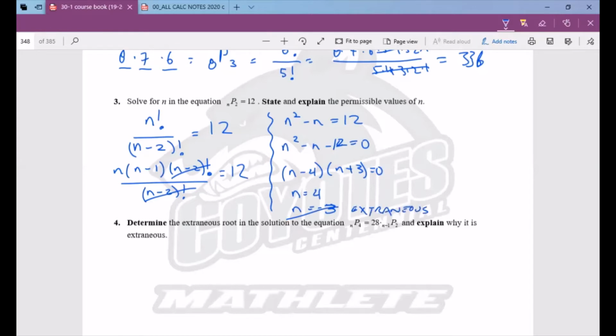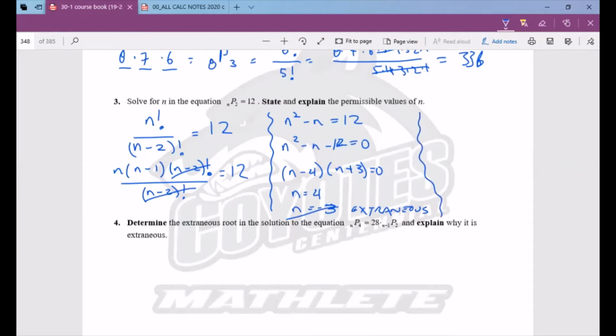We can't have a negative number as a factorial. We can't have negative 3 factorial. And if you think about how factorial is defined, that makes sense. You subtract 1 from negative 3, you get negative 4 times negative 5 times negative 6 times, and it doesn't end. So therefore, that doesn't work. N equals 4 is our answer.